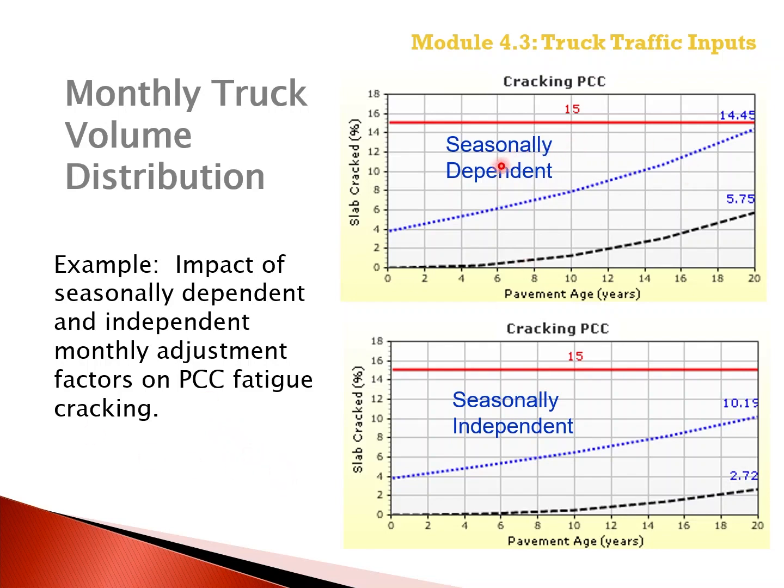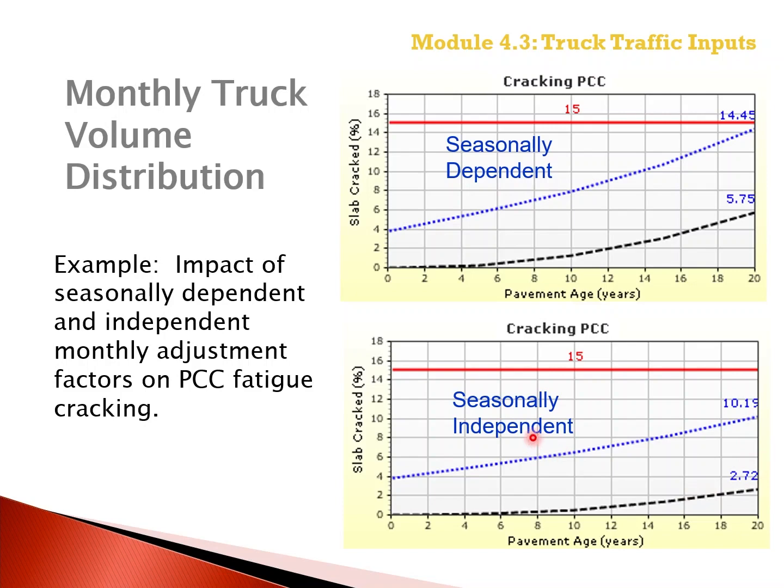So this is seasonally dependent, and at a 90% reliability, we would predict 14.5%. If we had seasonally independent truck traffic, we would predict 10.15% cracked slabs at a 90% reliability.